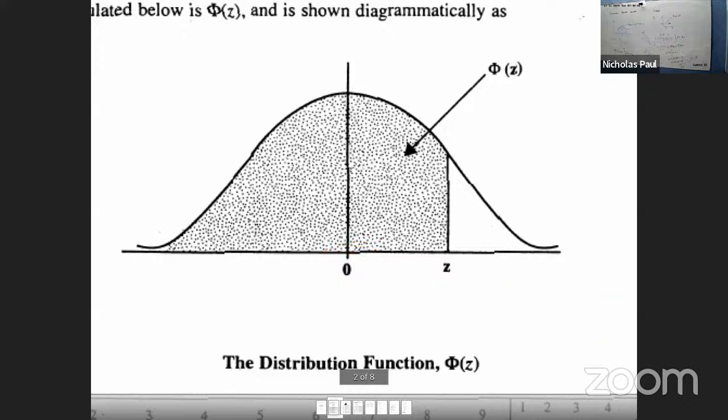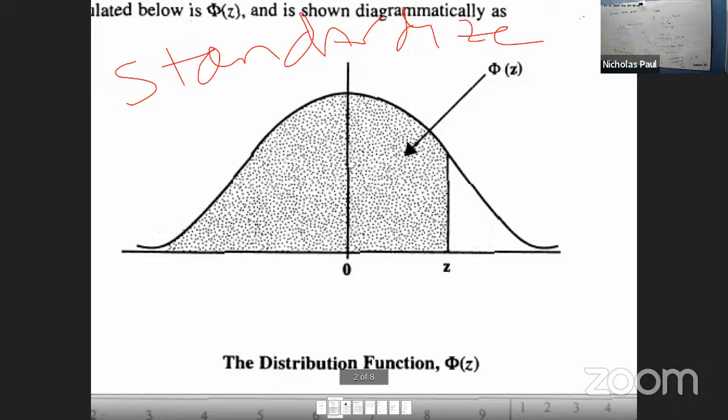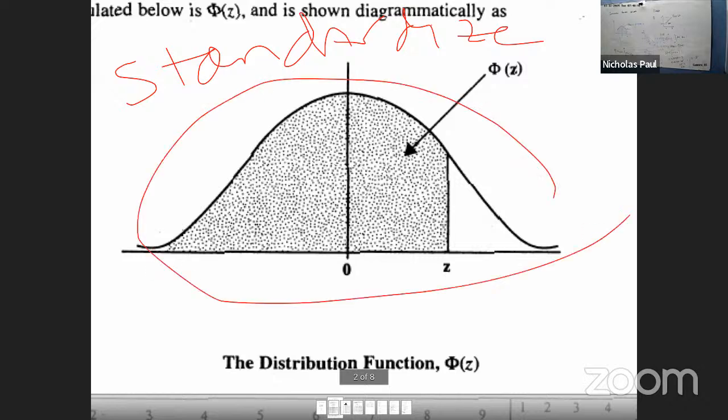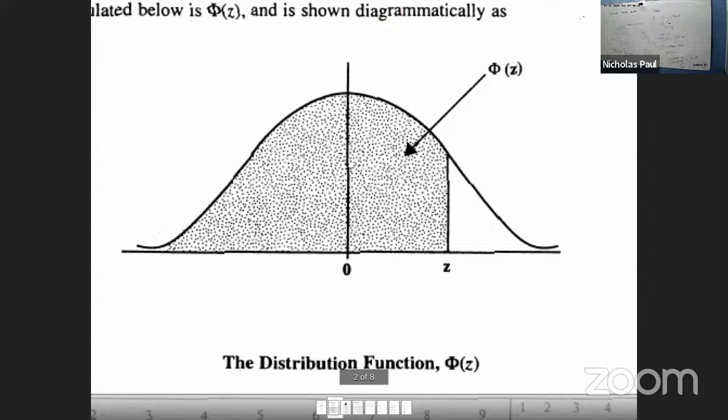Here's what we can do. We can standardize all the normal distributions to look like this. And then you only have one table to learn. One table to read off.